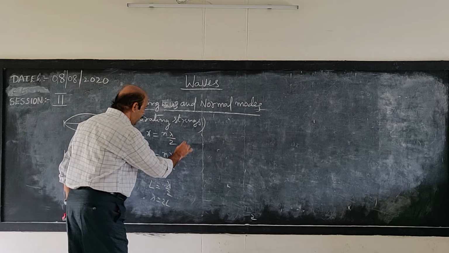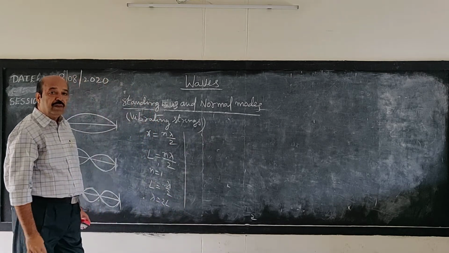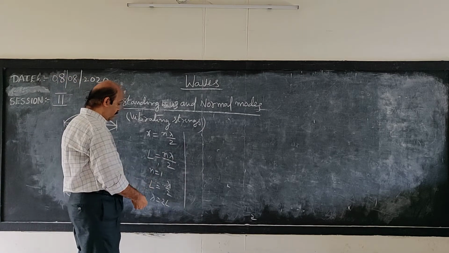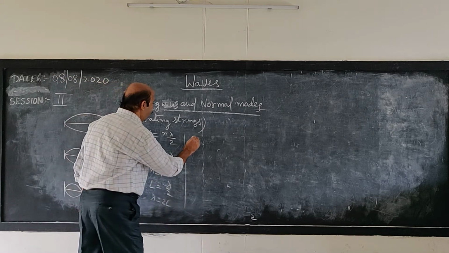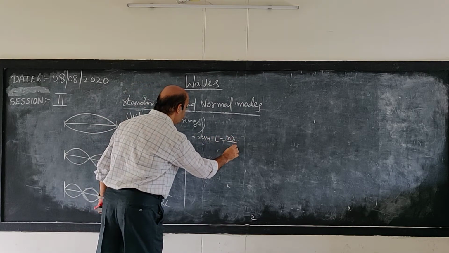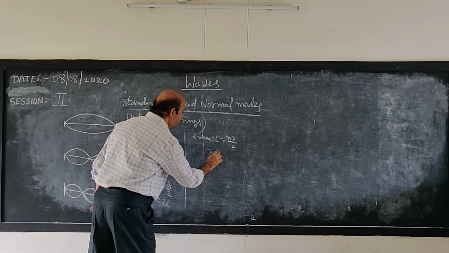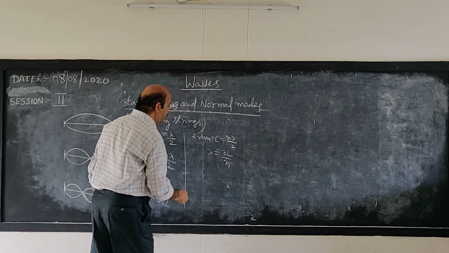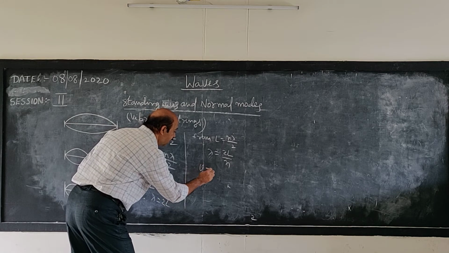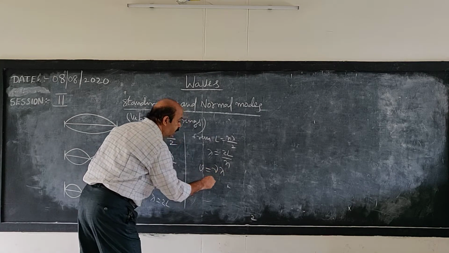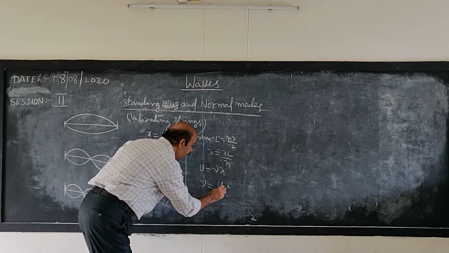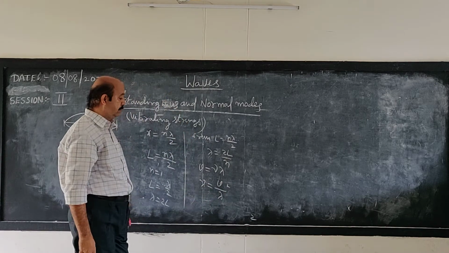If you want to derive a formula for the frequency of oscillation, you can make use of the same thing. From L is equal to n lambda by 2, lambda is given by 2L by n. From the formula for the wave velocity, V is equal to nu lambda, which is already shown to you, nu is written as the velocity of the wave by wavelength.